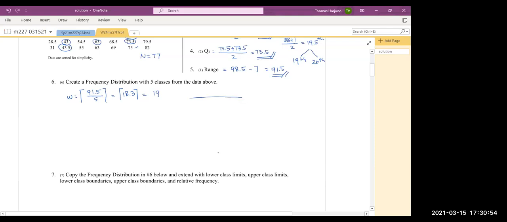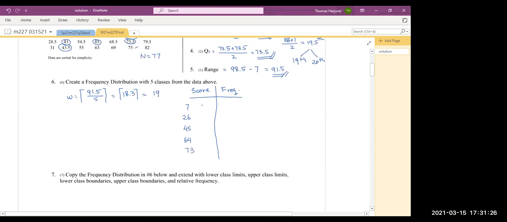Let's set it up first. This is the score or the grade, and this is the frequency. The smallest number, I remember, is 7, right? 7 plus 19 is 26. Plus 19 is 45. Plus 19 is 64. Plus 19 is 73.